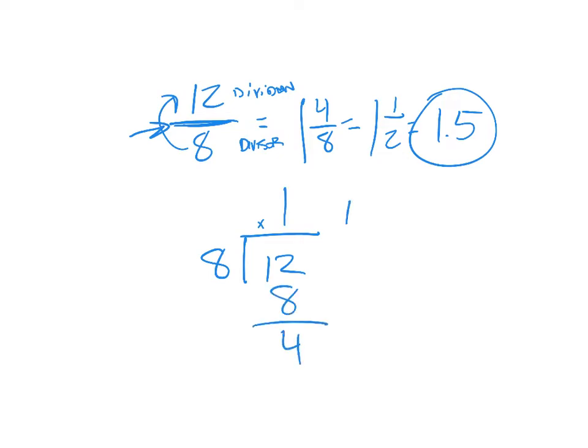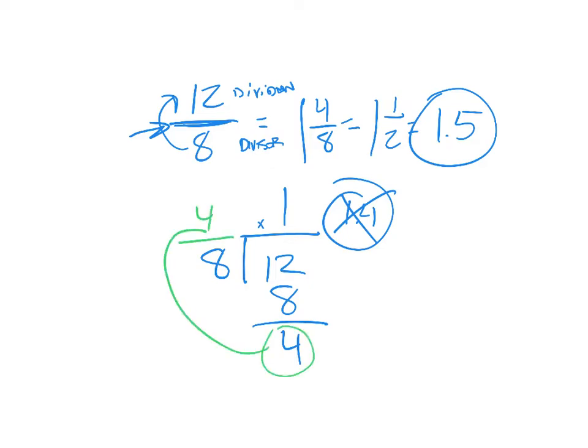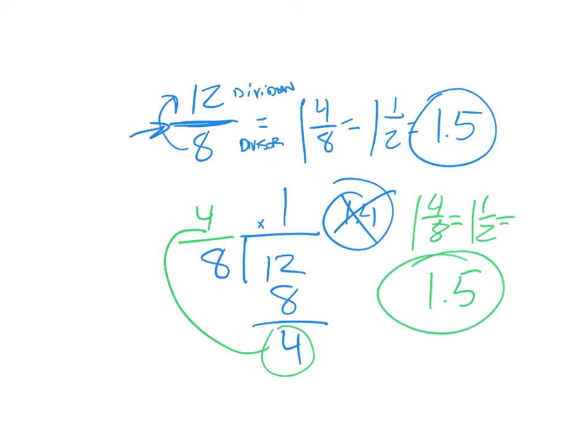But remember, this is not 1 and 4/10. No. We take this and we put it over our divisor. And then that becomes 1 and 4/8, which becomes 1 and 1/2, which becomes 1.5, or 1 and 5/10, using our math language. Remember that.